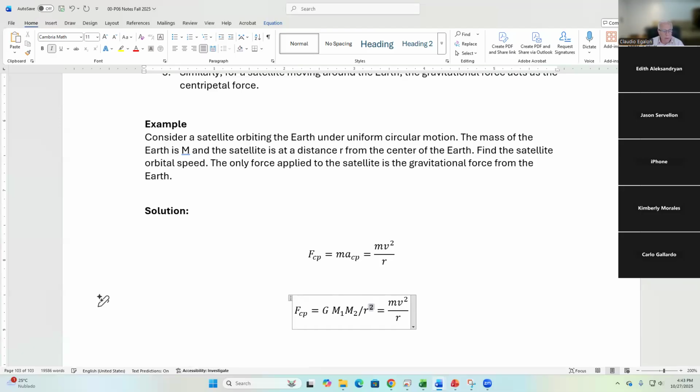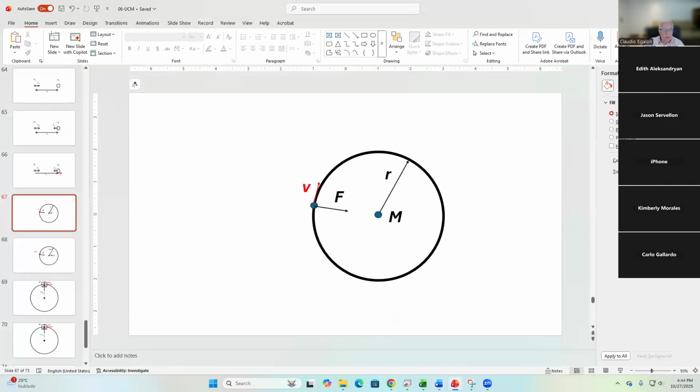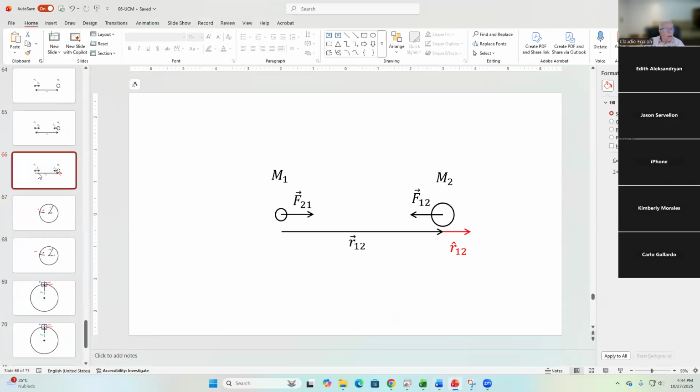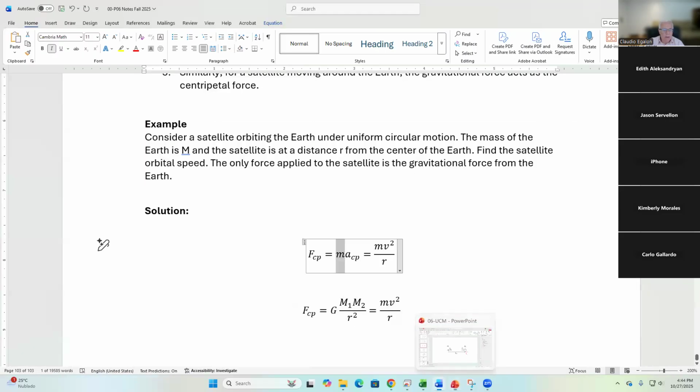Oops, not r to the cube, r squared. By the way, m is the mass of the satellite. Which one is the satellite, m1 or m2? The satellite is m2, so that should be m1 here.